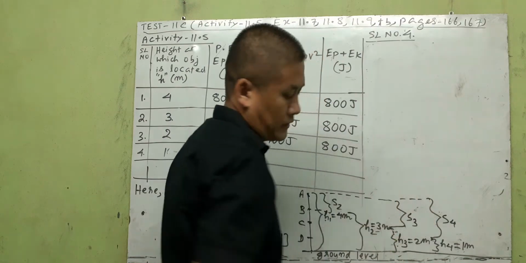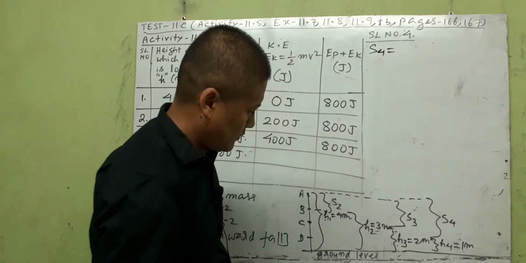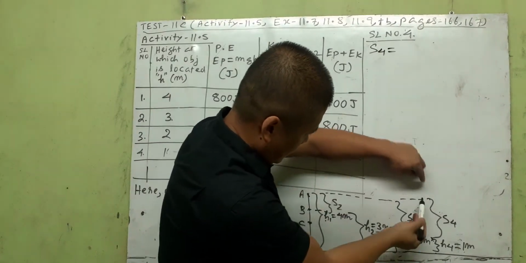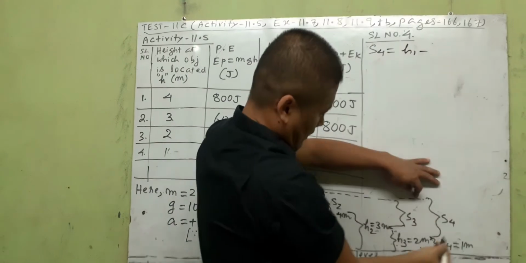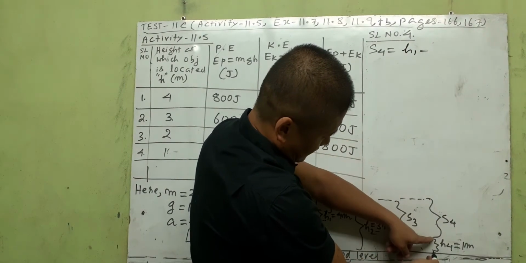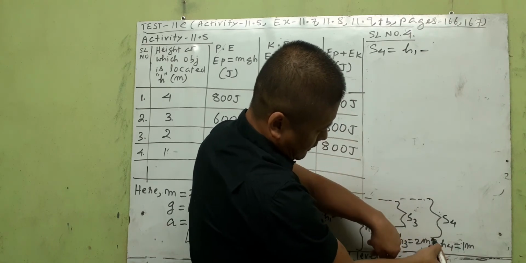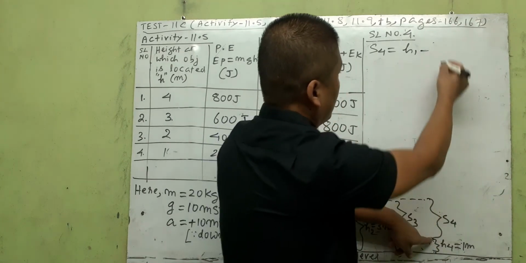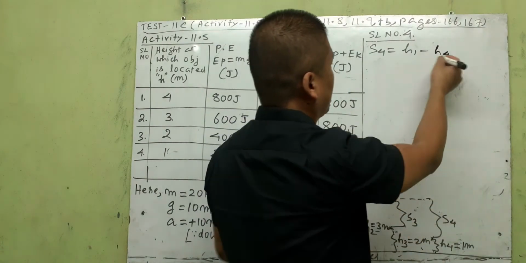So we need S4. The distance traveled in the fourth case will be, common sense, you see here, from here to here, S4 will be this height from here to here, which we know is H1, minus from here to here, 1 meter. The total is 4 minus this. When the object is 1 meter above ground, minus h4 will give you this one, which is the distance traveled, S4, in the fourth case.